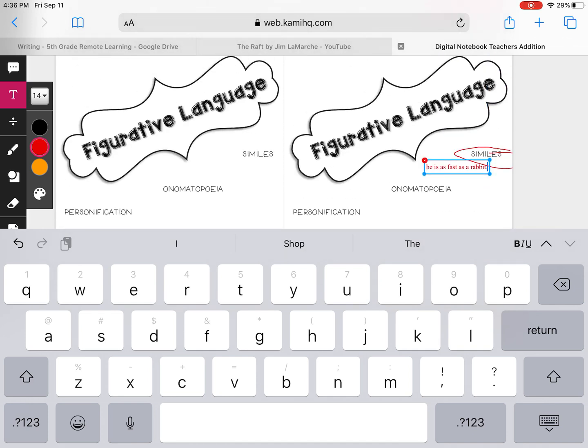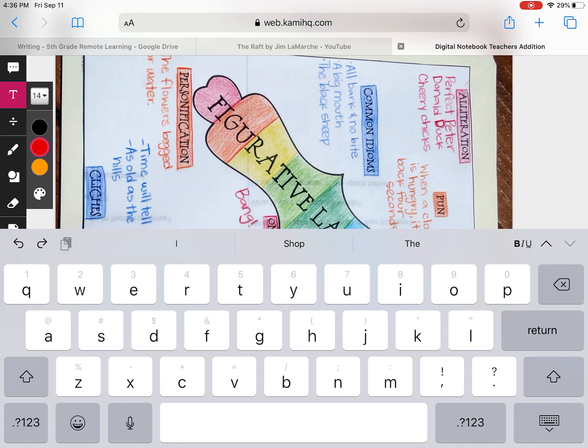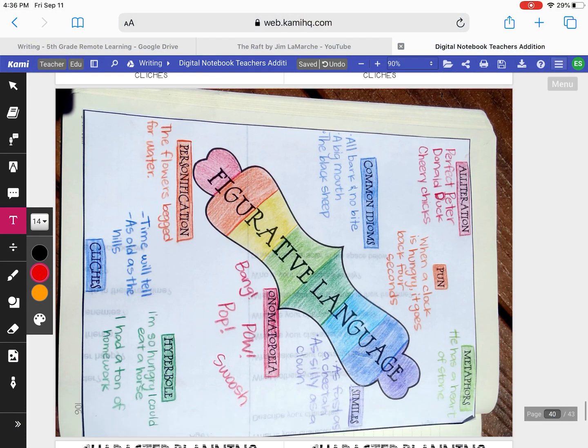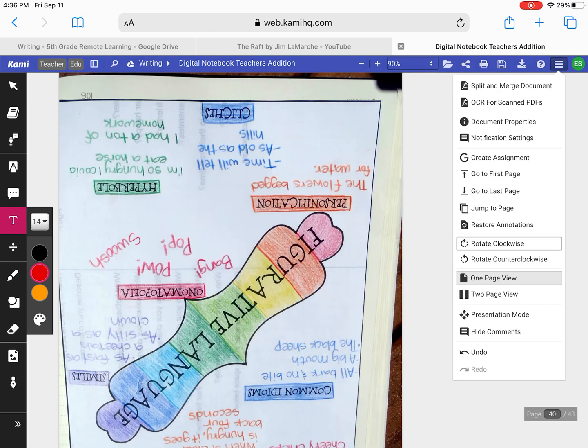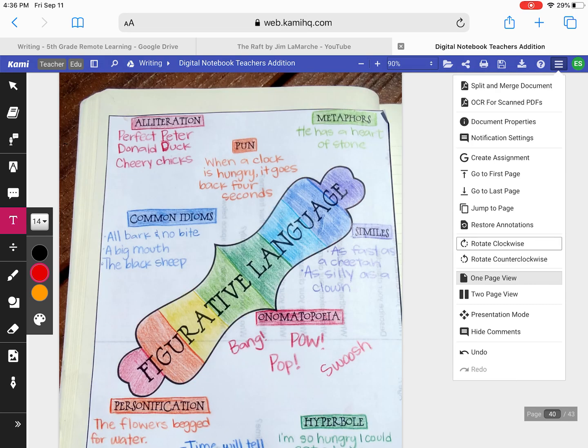So in your narratives, on your final narrative, we are going to be expecting you to use some sort of figurative language. We've gone over similes and metaphors, but if you want to, you can take the time in your digital notebook to look at all the different kinds of figurative language.